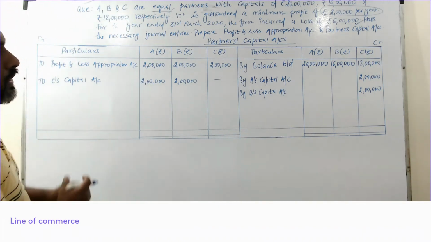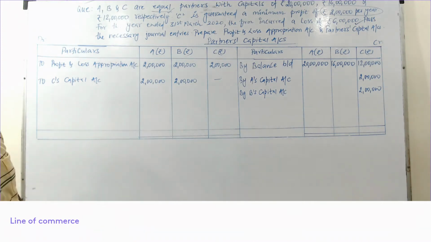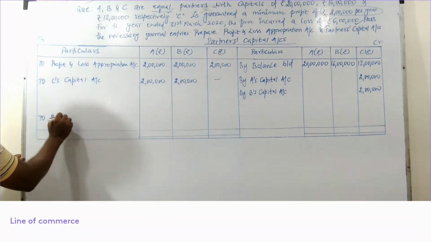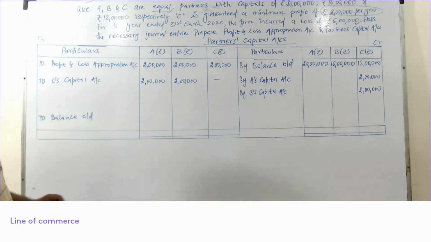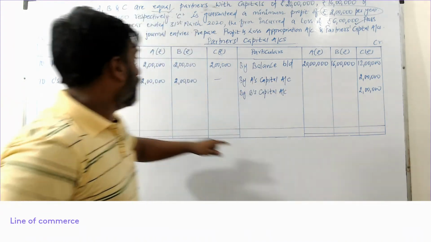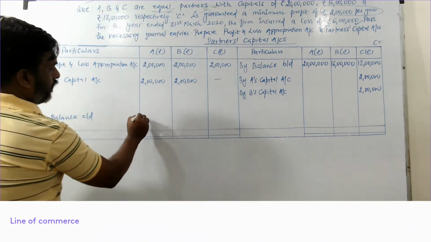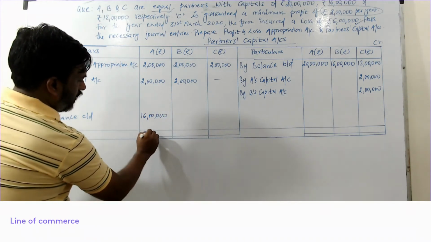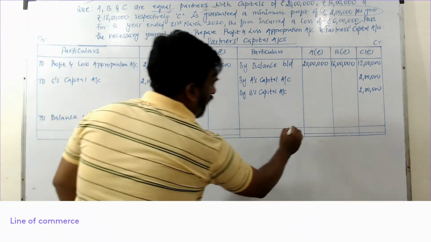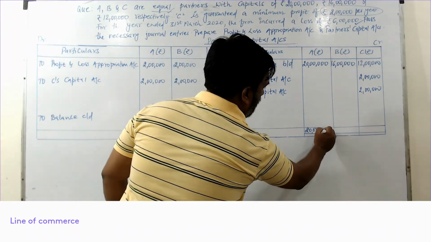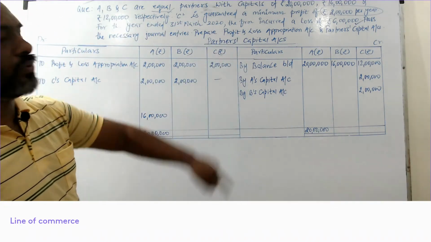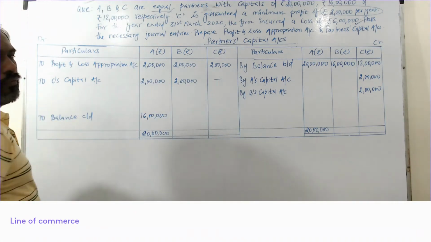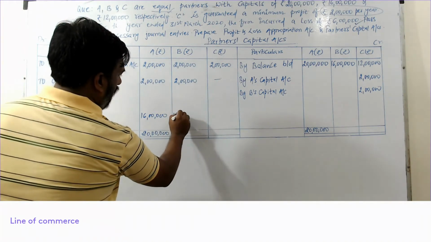Now all the posting is done. Now let us just find the balancing figure. That will be to balance c/d. So this is 20 lakh. 20 lakh minus 4 lakh will be 16 lakh. 20 lakh you can write the total here. 20 lakh will be the total for both the sides for A. Let us do for B. Here it is 16 lakh. 16 lakh minus 4 lakh is 12 lakh.